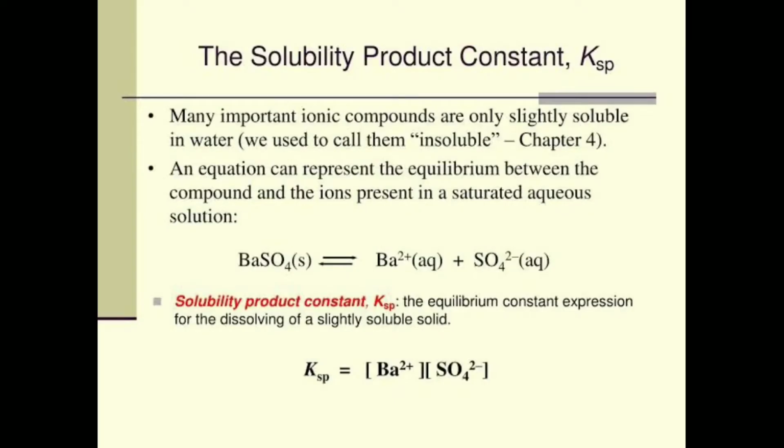We consider the example. First, BaSO4 at equilibrium gives Ba2+ and SO4 2- ions. Hence, the solubility product Ksp is given by Ksp is equal to concentration of Ba2+ into concentration of SO4 2- ions.